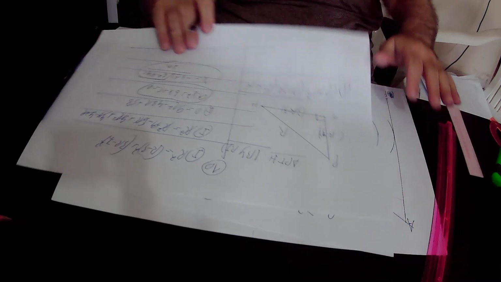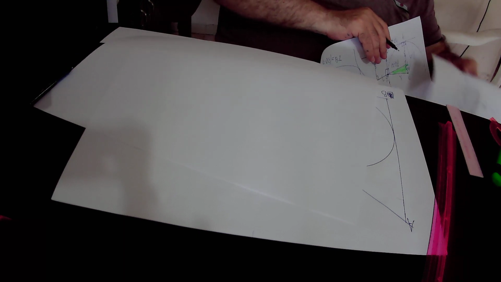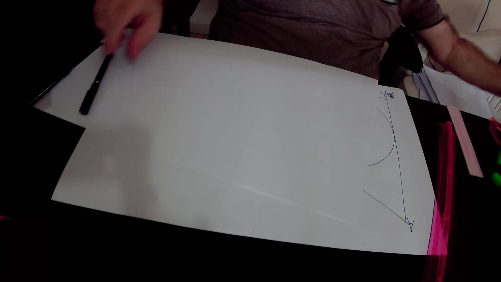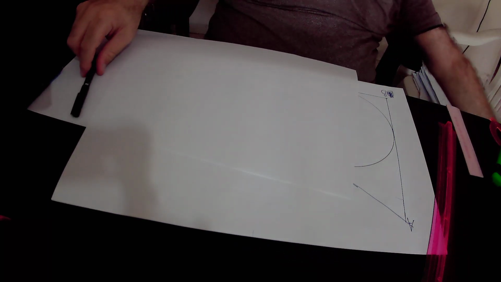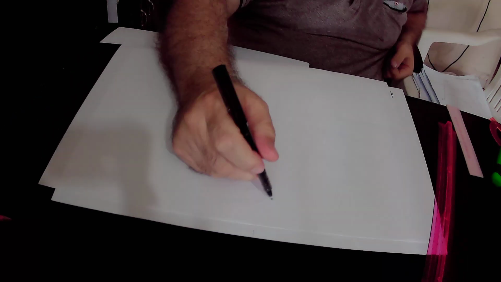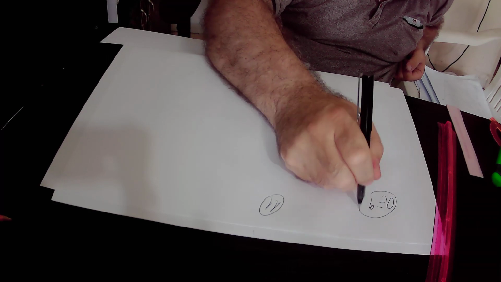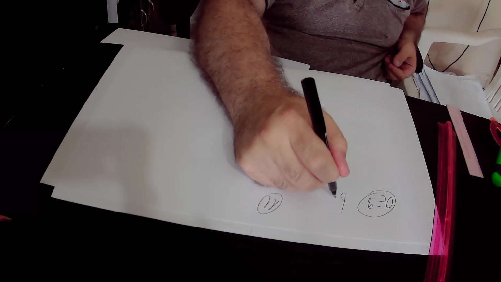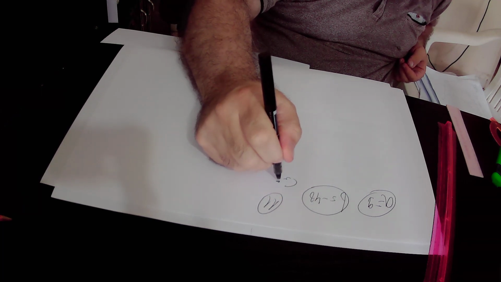In our specific quadratic equation, the coefficient a equals 9, the coefficient b equals minus 48, and the coefficient c equals 58.